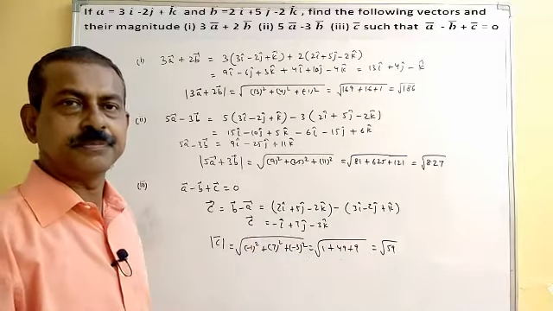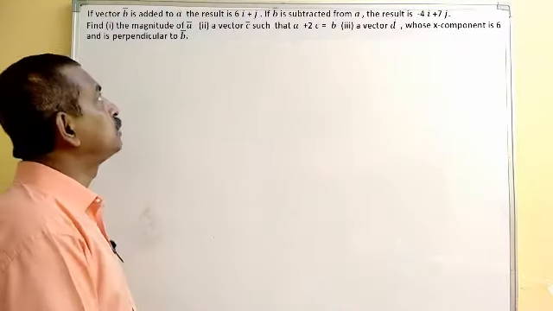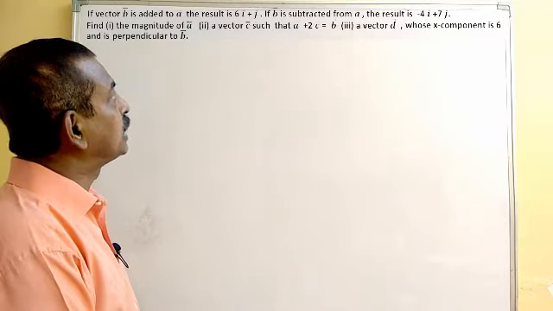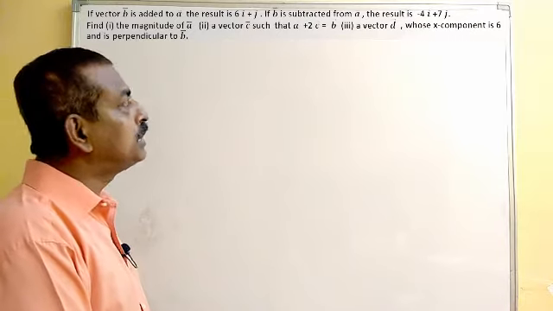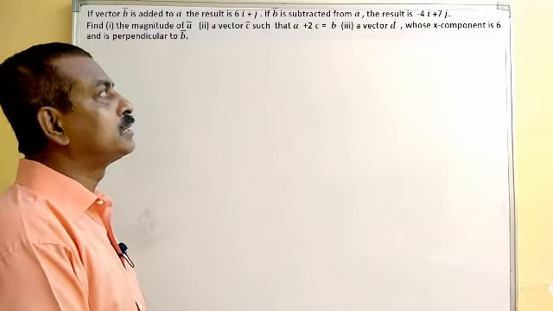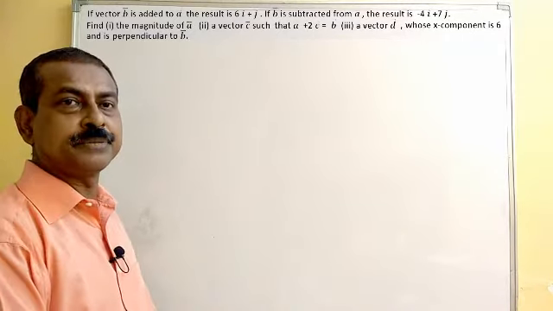Next question is, if vector B is added to vector A, the result is 6i plus j cap. If B is subtracted from A, it is minus 4i plus 7j.